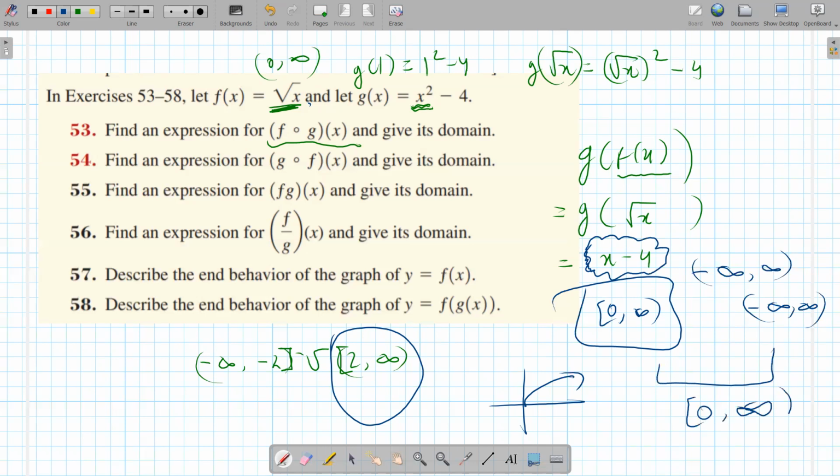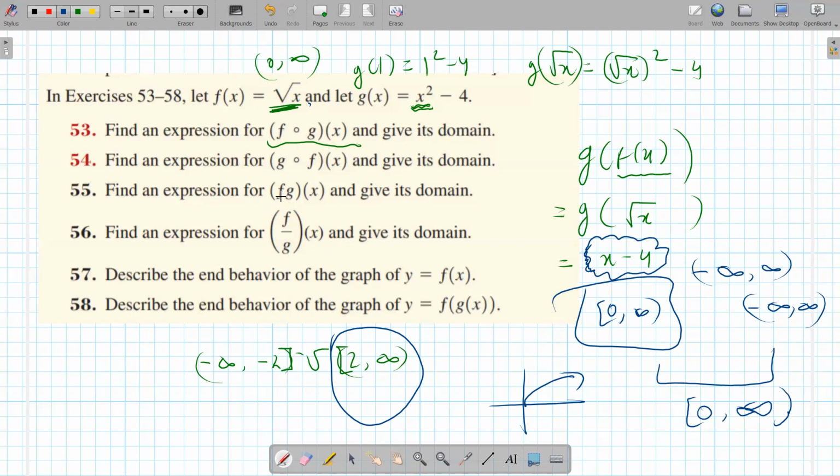This is the individual domain overlap, but if you look at the previous question, the answer is 2 to positive infinity. So it's not only where the individual domains overlap, but also where the combined function overlaps with them.